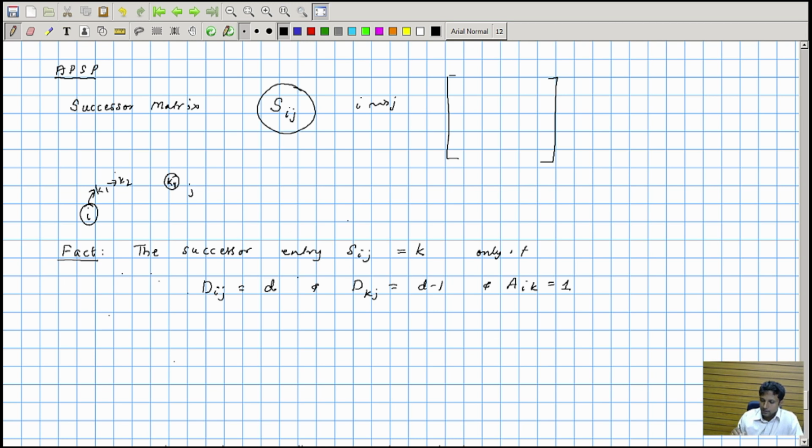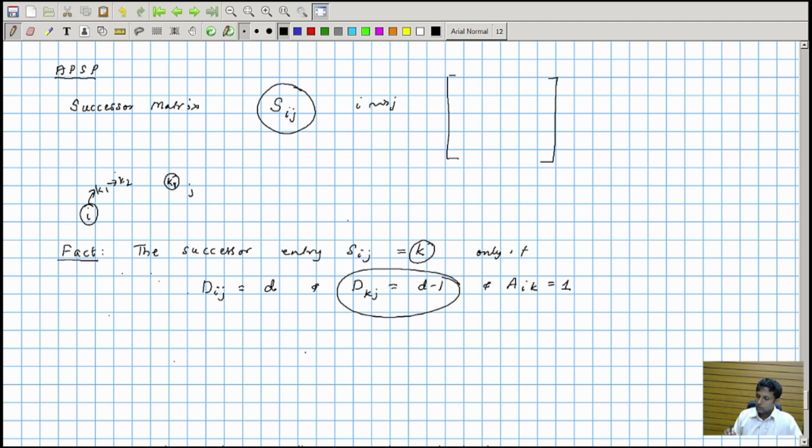Look at the successor entry corresponding to ij. If it is k, then k has to be a neighbor of i, and the distance from k to j should be equal to d minus 1. If these two conditions are satisfied, then k is a valid successor entry. There could be multiple such k, but we are interested in just finding one of them.